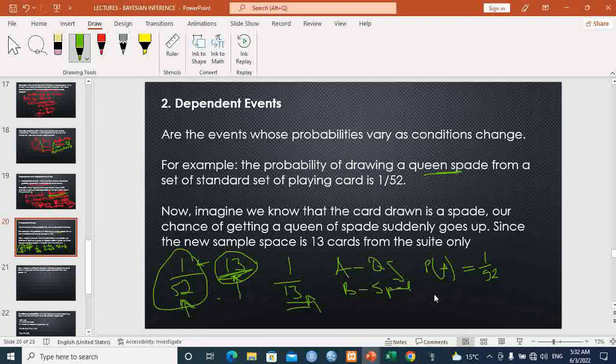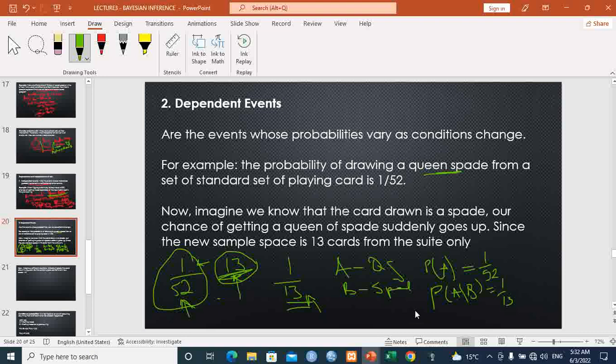And the probability of getting queen of spades, given that the card selected was a spade, is equal to 1 out of 13.